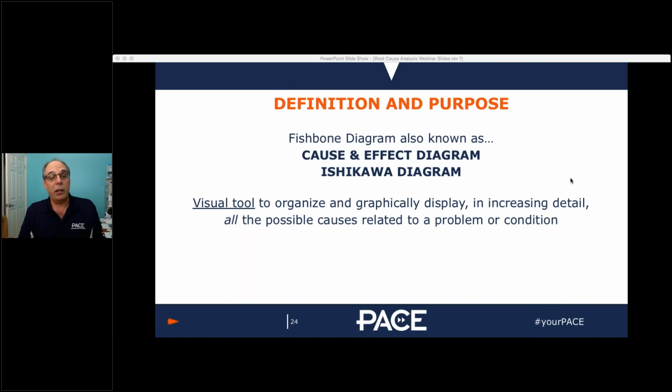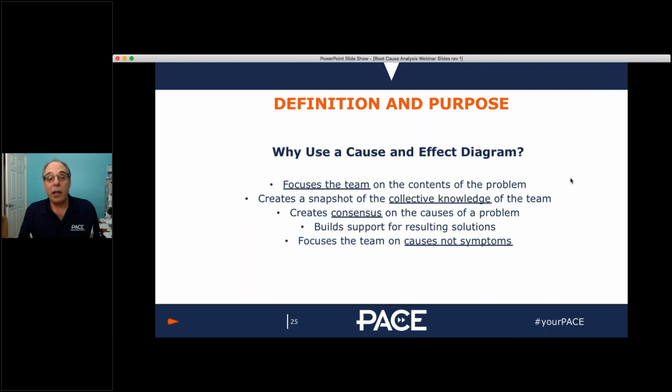Now, getting back to the Fishbone diagram. Why use this diagram? Well, it helps you focus the team on the contents of the problem. It creates a snapshot of everybody's collective knowledge, which is what you want. It helps get consensus on what the causes of the problems really are.